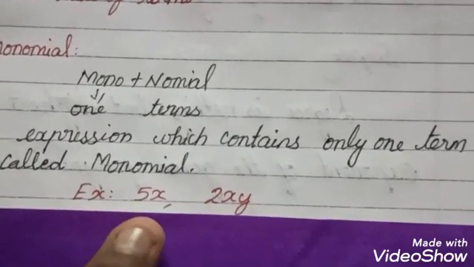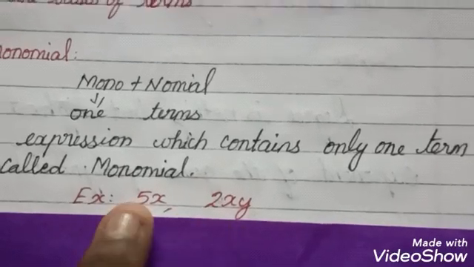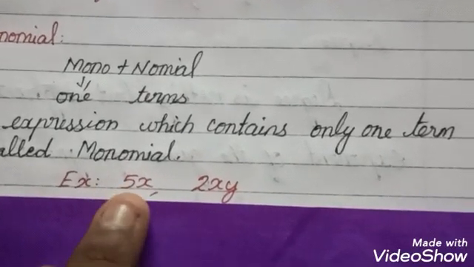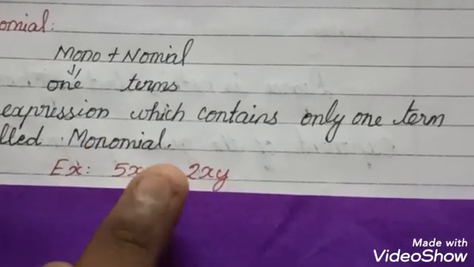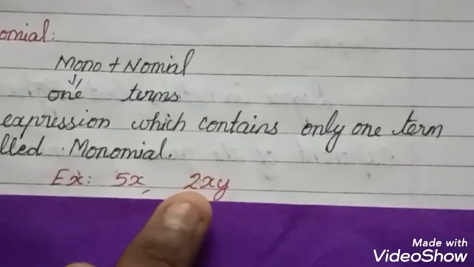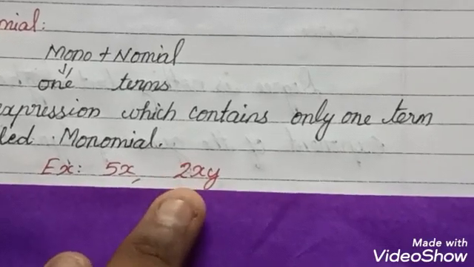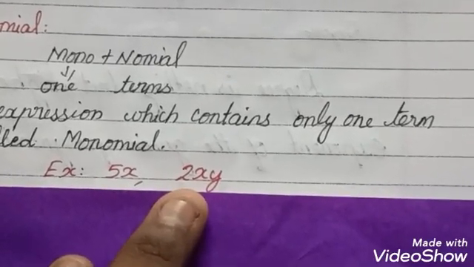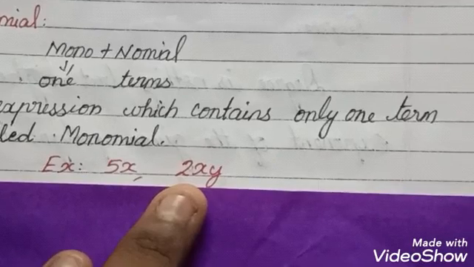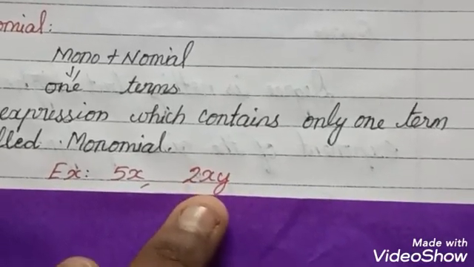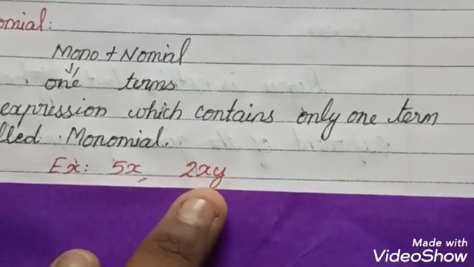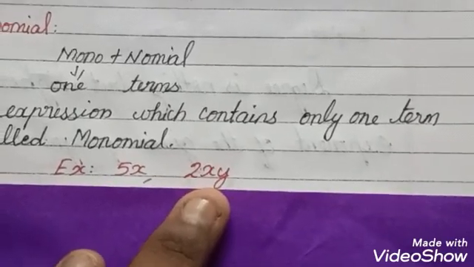For example, 5x, 2xy. 5x is in a product, so we say it is only one term, and 2xy. It is a combination of constant and variable and it cannot be separated by any fundamental operations. So 2xy we consider as only one term, and we say it is a monomial.